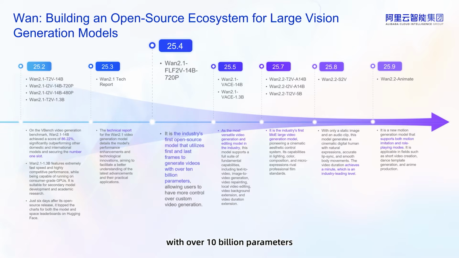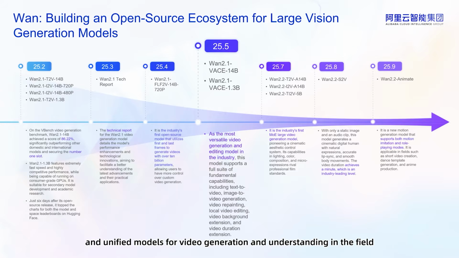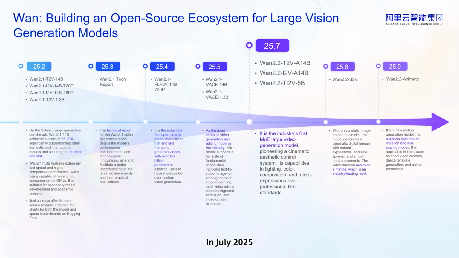In May 2025, we open-sourced the Wan2.1 VACE series, which remains one of the most comprehensive and unified models for video generation and understanding in the field. In July 2025, we open-sourced the Wan2.2 series, the industry's first video generation model based on a mixture of experts, MoE, framework.